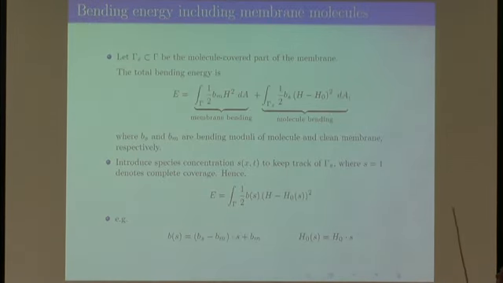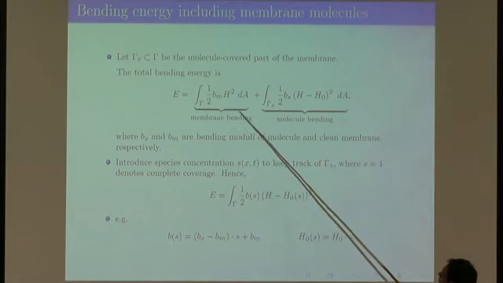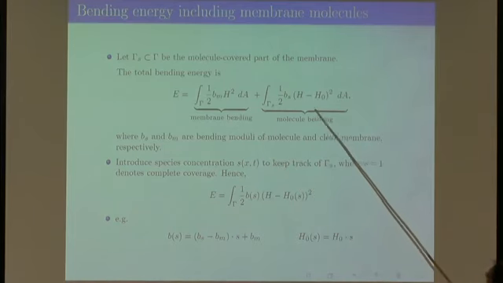We modeled this by now accounting for the bending of the membrane, as before, the usual Helfrich energy, and additionally accounting for the molecule bending. So we have a mechanistic model where we say the molecule bends with the same curvature like the membrane does when it's attached to the membrane.